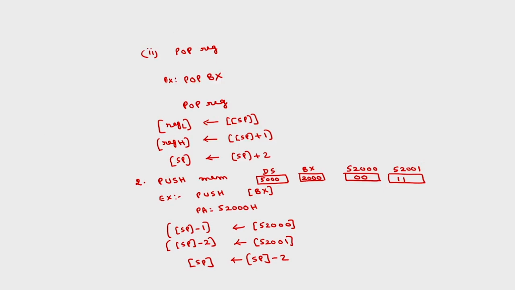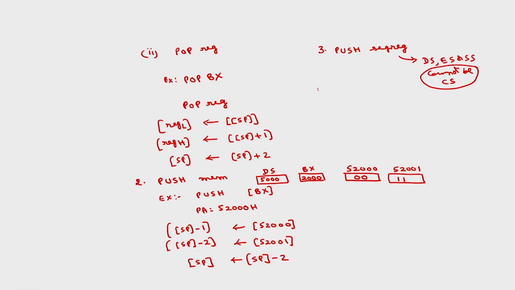The third push instruction is push segment register contents also. The same operation, segment register contents will be transferred, but the segment register can be either DS, ES or SS. This cannot be CS. CS is not allowed.